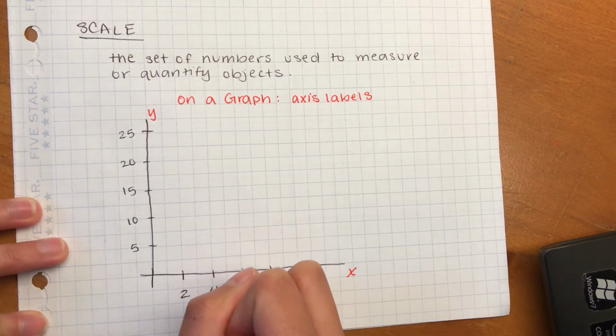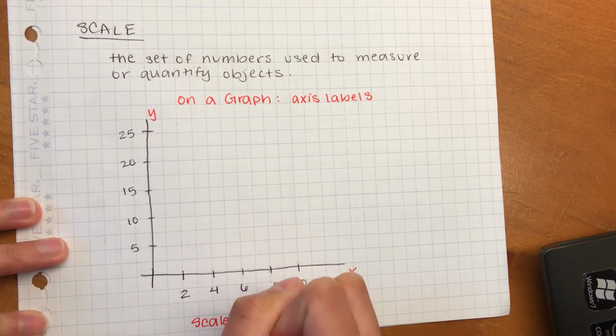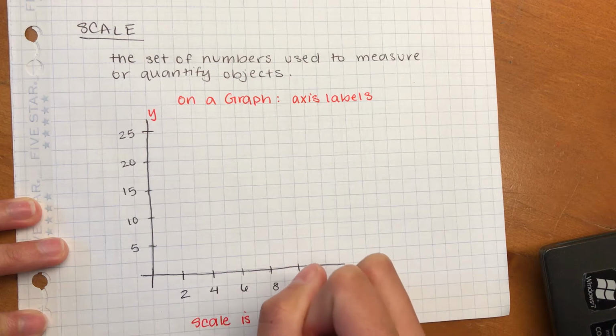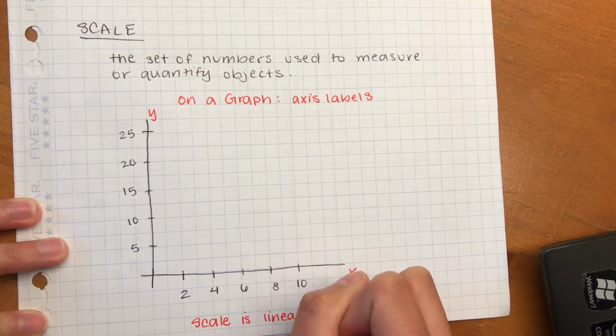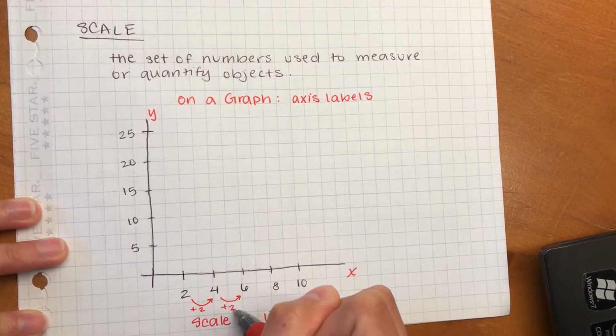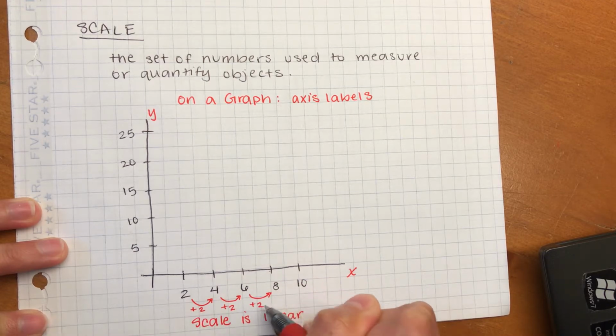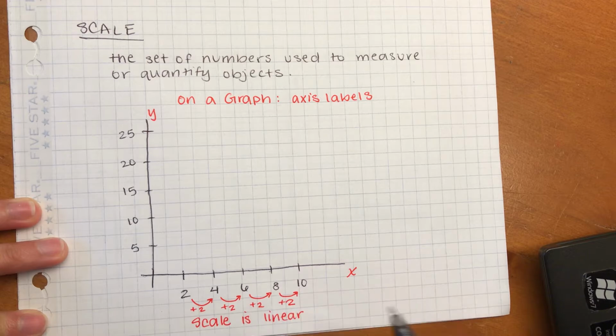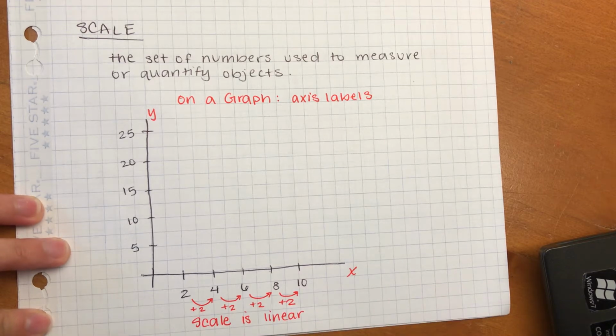So we could say the scale here is linear, and we are going plus 2 each time. This should look like an arithmetic sequence that we learned about last week, right? Since we have this constant plus 2, plus 2, plus 2, the scale is linear.